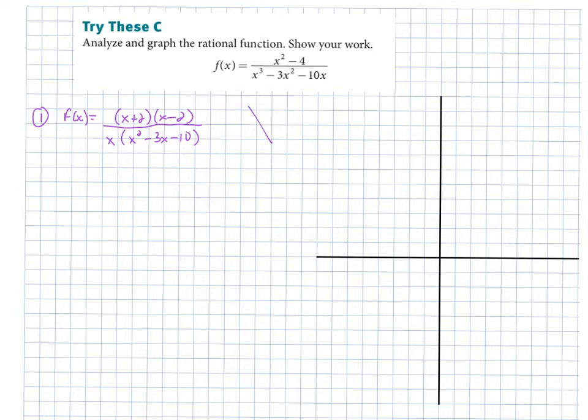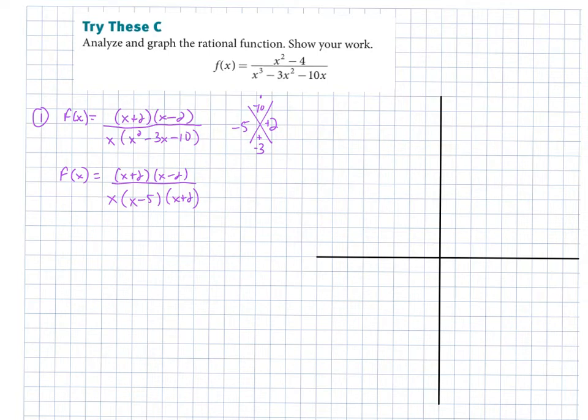And to factor that part, things that multiply to negative 10 but add to negative 3 is how I'm going to break that apart. 5 and 2 certainly seem interesting. Negative 5, positive 2. So I finally have f of x equaling (x plus 2)(x minus 2) all over (x minus 5)(x plus 2).